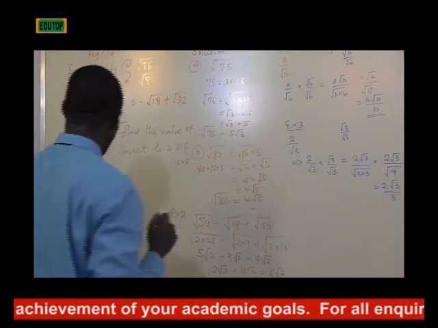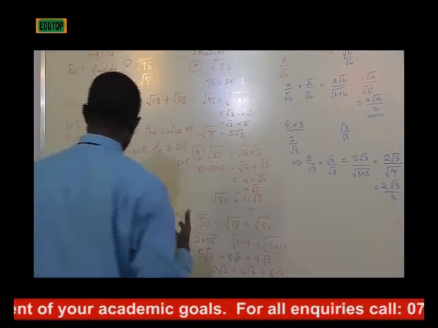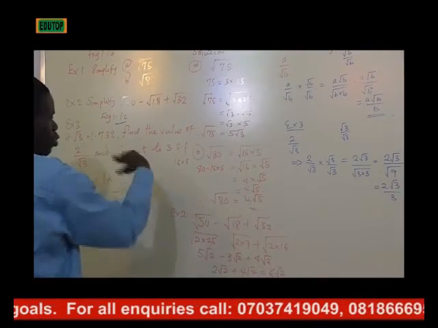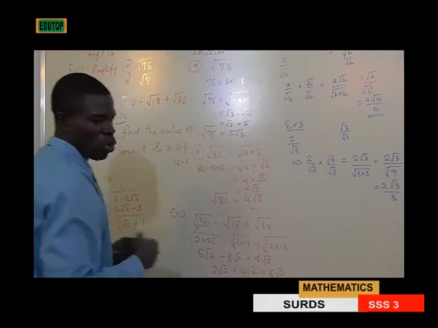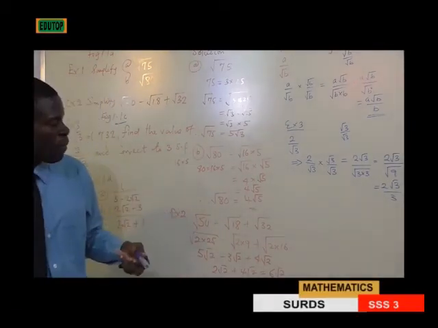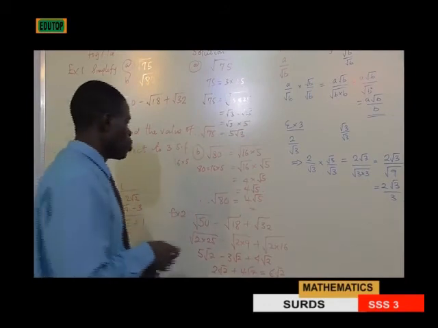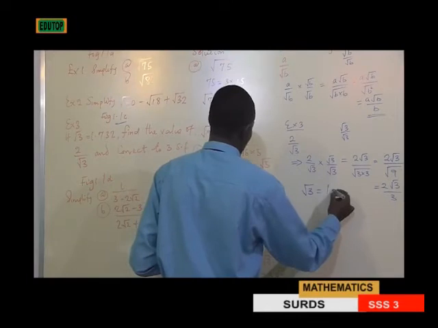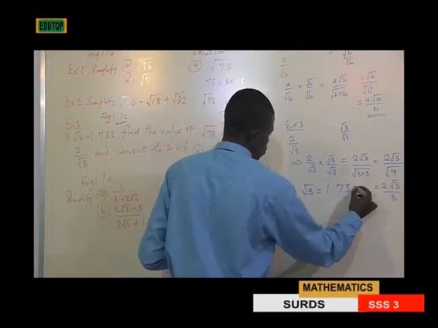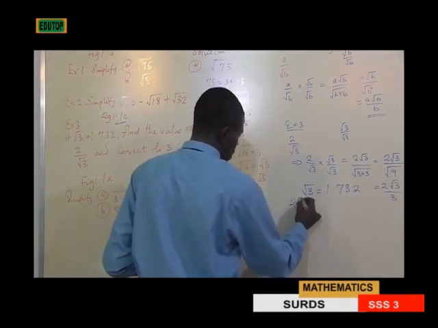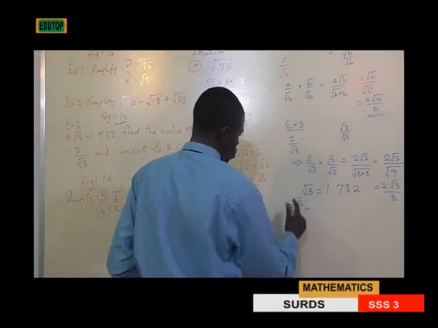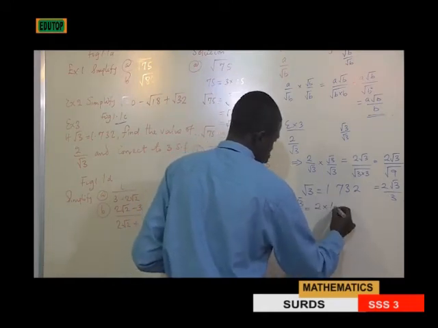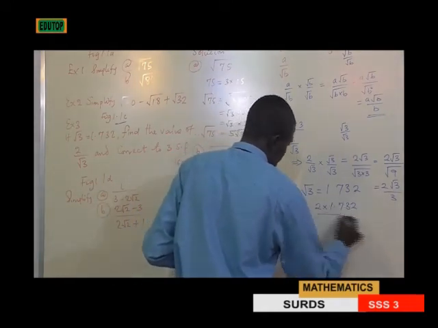Since we have rationalized the expression, the question still asks us to express it in 3 significant figures. The question gave us a value for root 3, so what we are meant to do is use the value that is given to us. The root 3 has been given to us in the question to be 1.732. So here we have 2 root 3 over 3, and we are to evaluate this: 2 times what is the root of 3, given as 1.732, divided by 3.